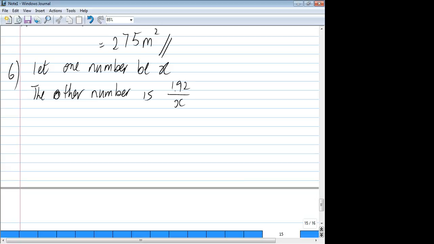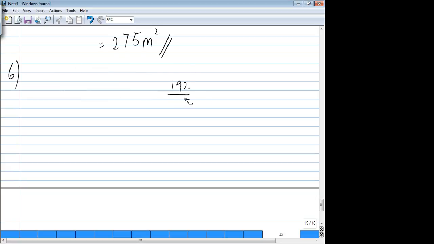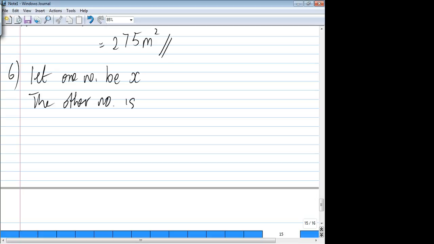Okay, let's try another way, okay? Let one number be x. What did they say? The difference between the two numbers is 4. So what must the other number be? Okay, the other number is x plus 4, so that the difference between these two numbers must be 4.